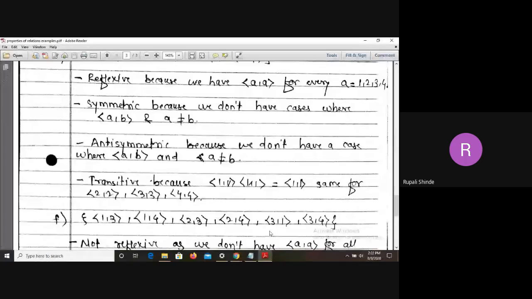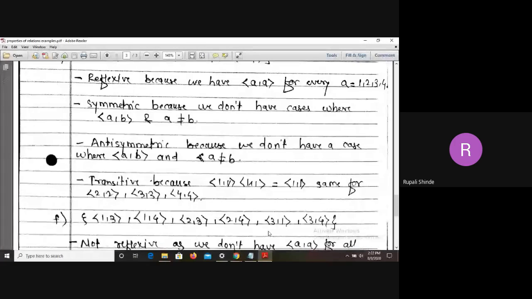Now symmetric. Not symmetric, because (4,1) is not present.